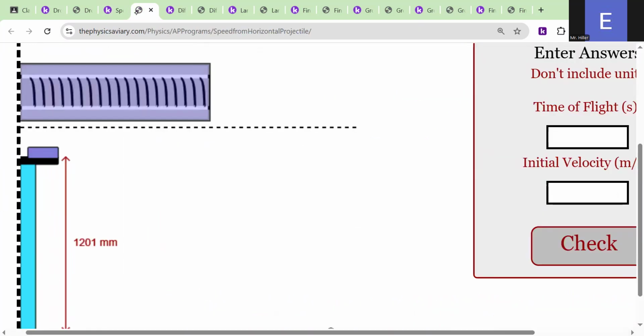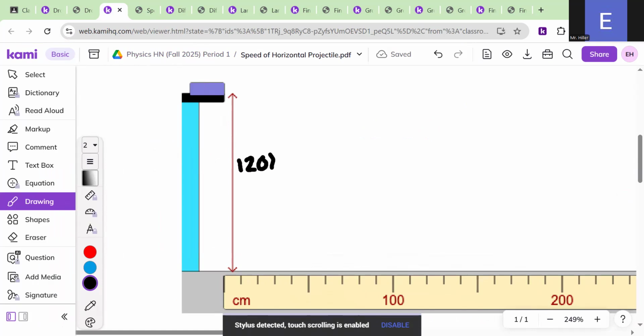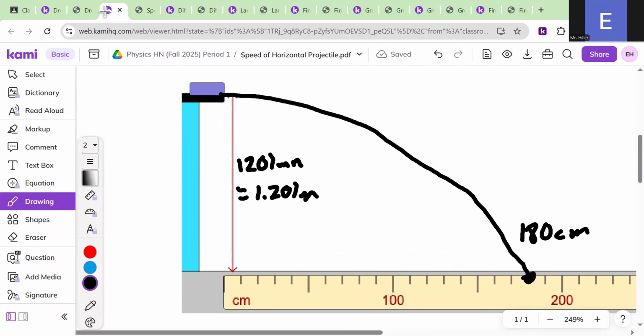Let me go to my worksheet and list some stuff. My first thing is the height: 1201 millimeters would be 1.201 meters. The ball lands right there, 180 centimeters, which is 1.8 meters.